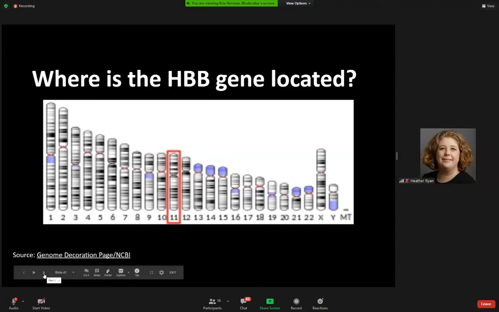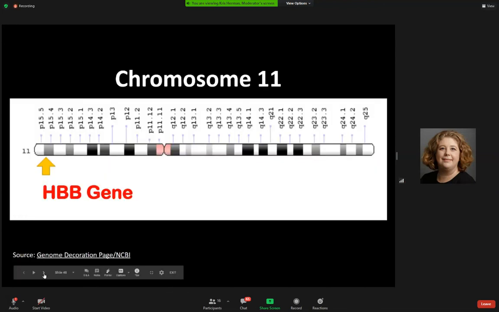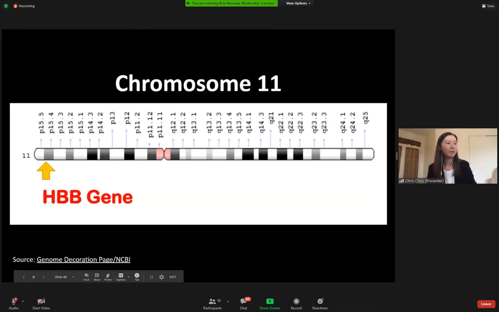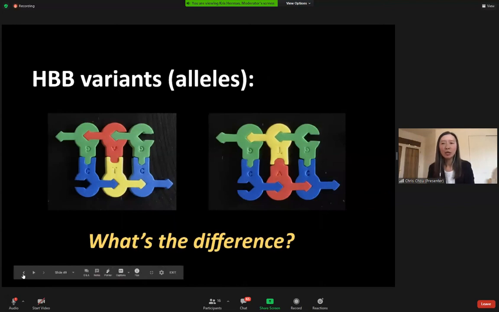The HBB gene is located on chromosome 11. We're going back to this karyogram again, and then in the next slide we zoom into that chromosome, and you can see it's located on the p arm of chromosome 11 at locus 15.5.